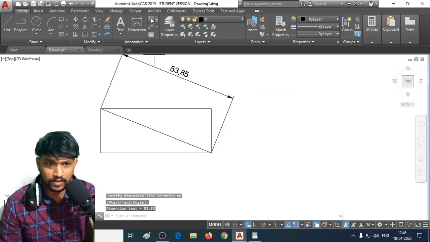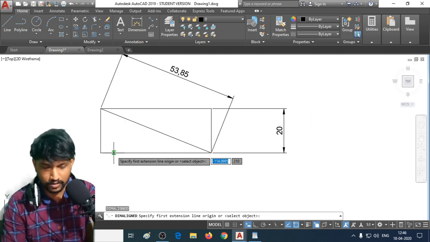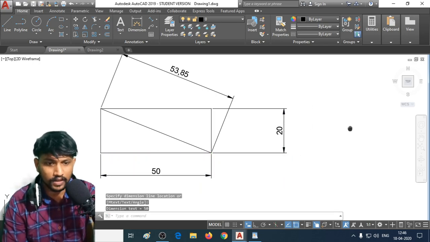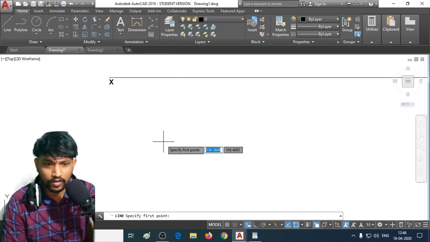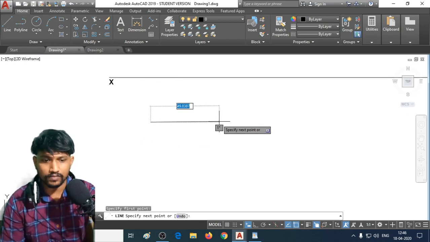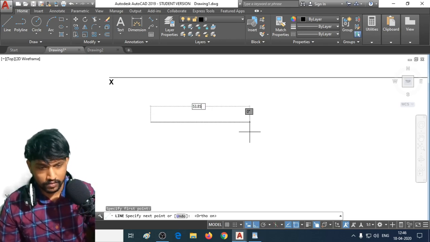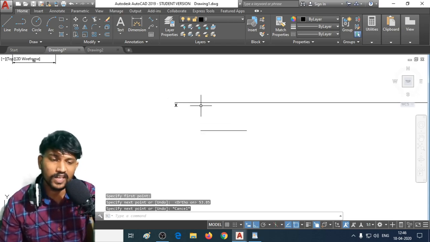I just want to make sure the dimensions are also given properly. 20 correct, 50 correct, 53.85. So I'm going to draw a line of 53.85. Okay, this one has to be the diagonal.